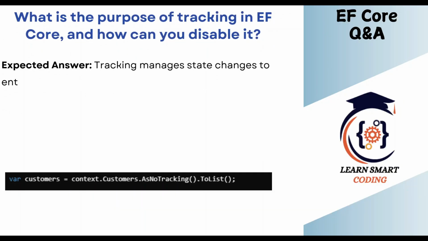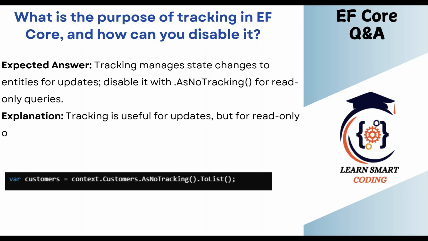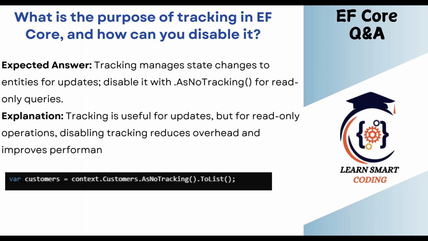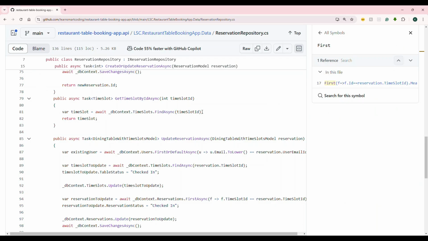Now, what is the purpose of tracking in EF Core and how can you disable it? Basically, every single time you query a database table, EF Core will automatically track the entities. For example, context.customers.First, or in other words, take a look at this. This is the restaurant table booking app project that we did.